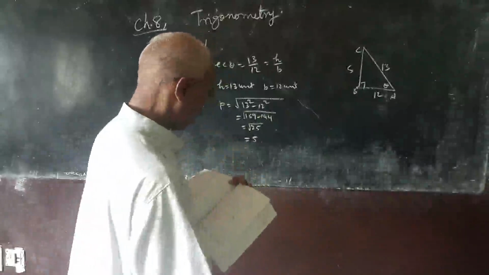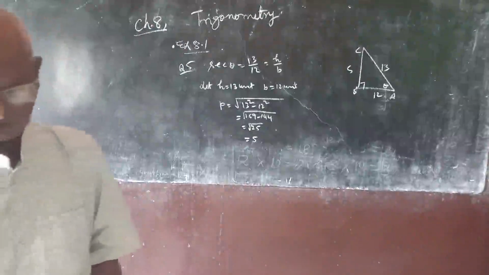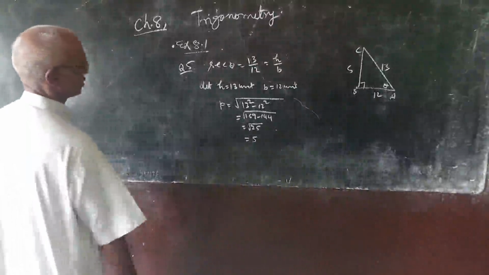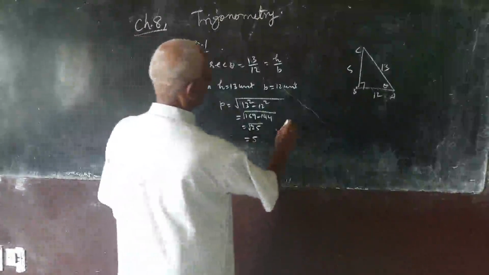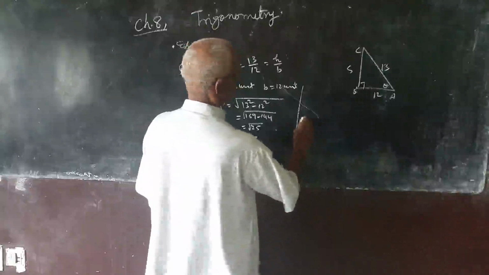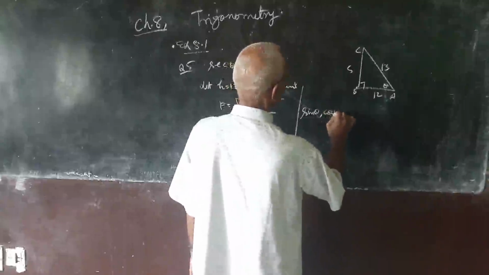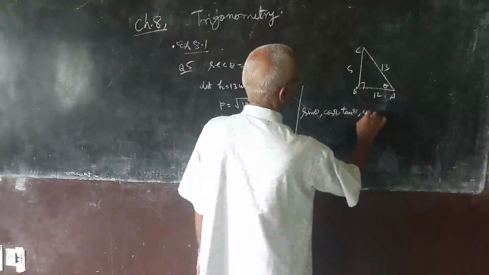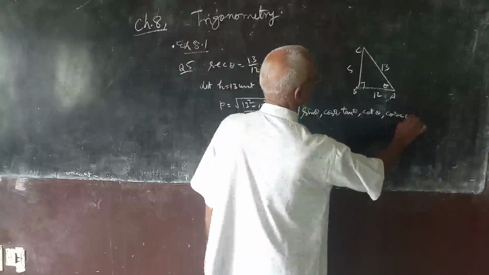And it says calculate all other trigonometric ratios. All other trigonometric ratios means we have to calculate sin theta, cos theta, tan theta, cot theta, and cosec theta.